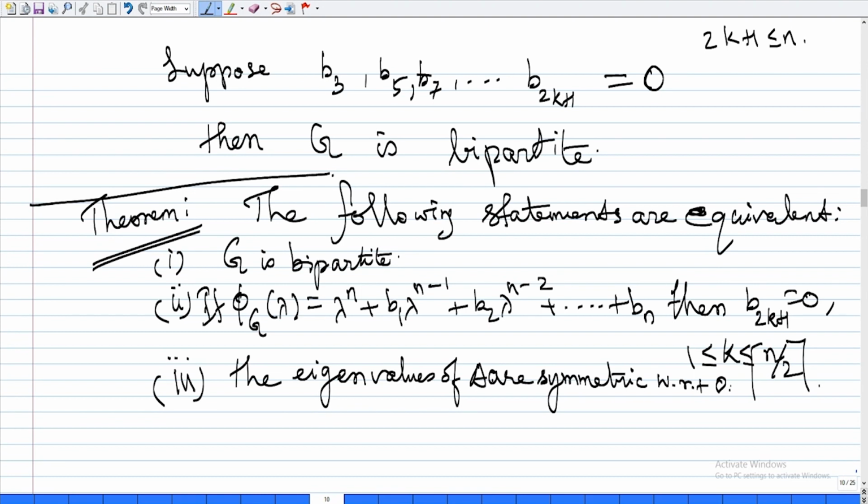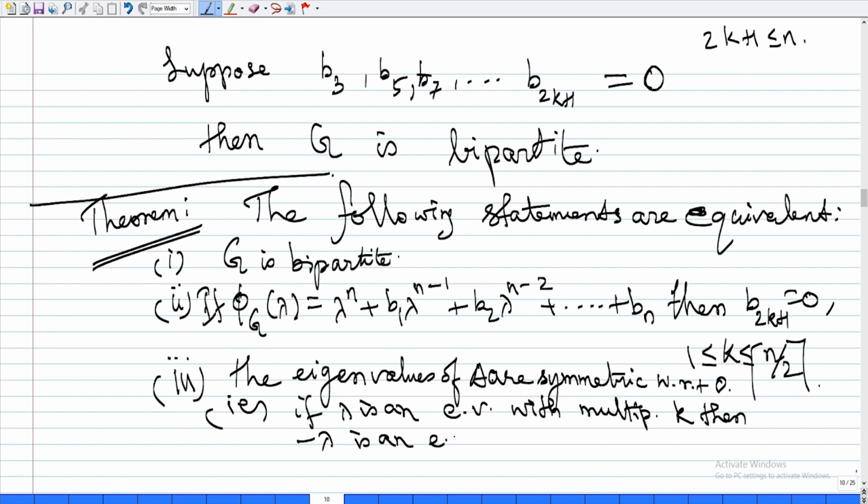So, by symmetric what we mean, if lambda is an eigenvalue, then minus lambda is going to be an eigenvalue, right. So, that is if lambda is an eigenvalue with multiplicity k, then minus lambda is an eigenvalue with multiplicity k.